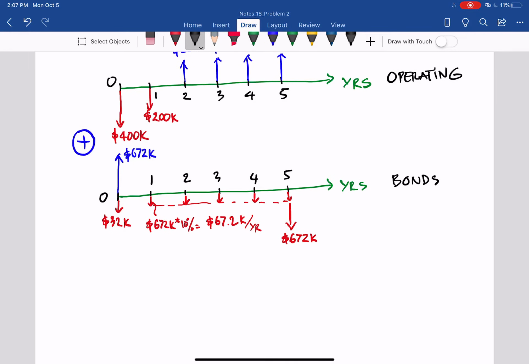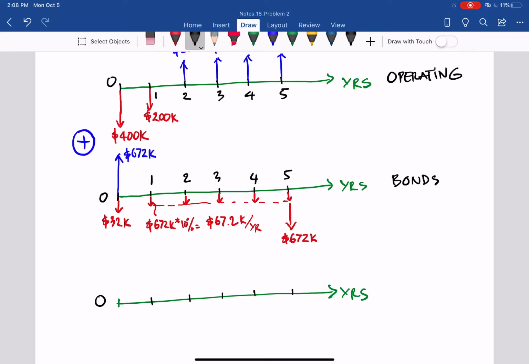We can have the combined cash flow for the years. The first cash flow is the project revenues. You get that project revenue, and you borrow money to pay for that. Combine that, and that is the total net cash flow to be evaluated. Just add year by year. Year 0 for the operating is negative 400 plus 672 bond, and then negative 32.